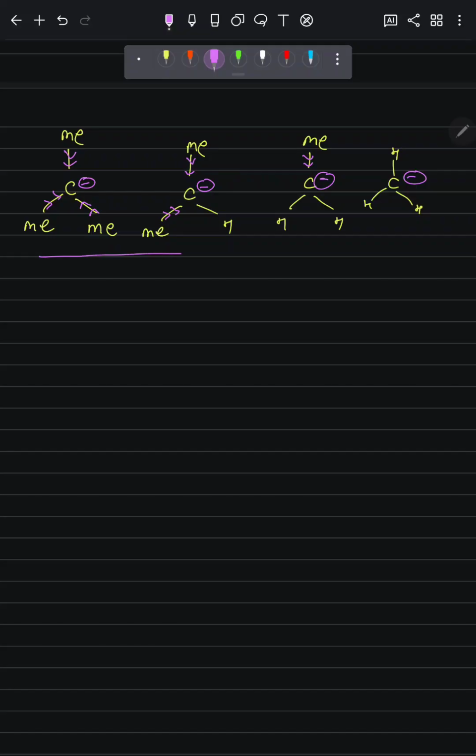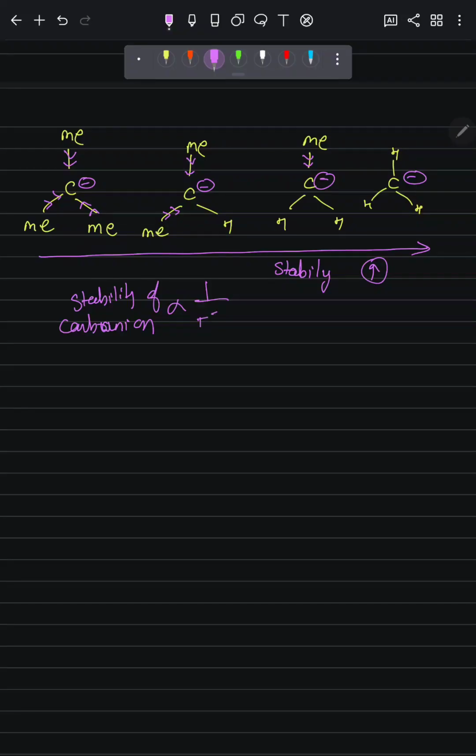So as we go left to right, the stability is increasing. So stability of carbanion is inversely proportional to plus I effect. As plus I effect increases, the stability of carbocation also increases.